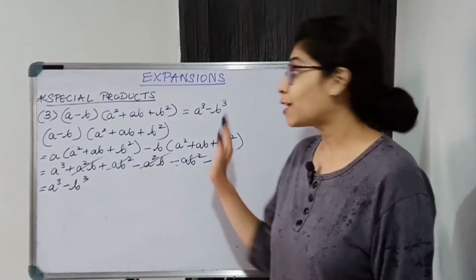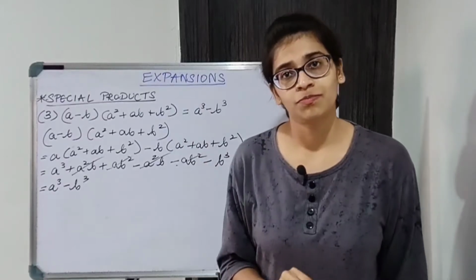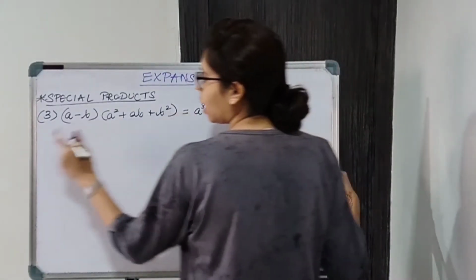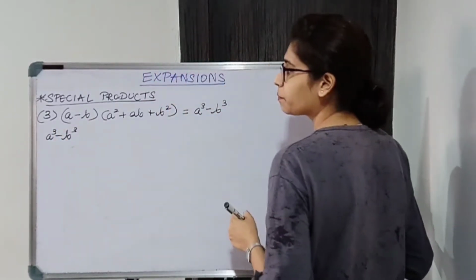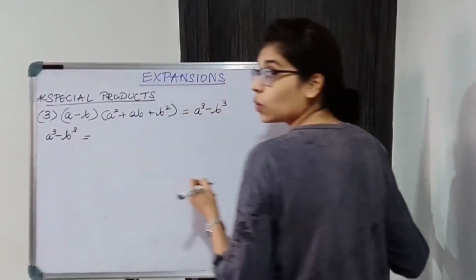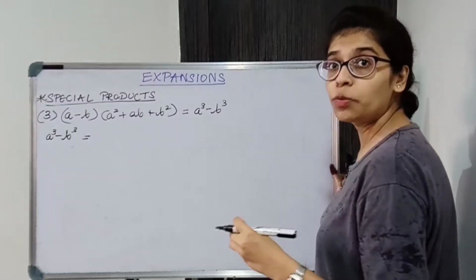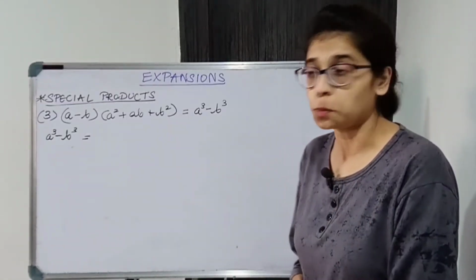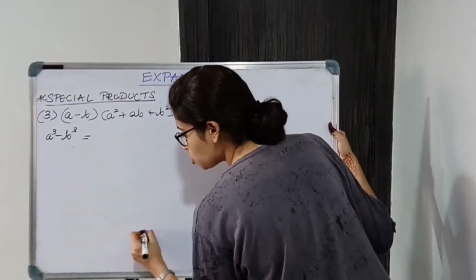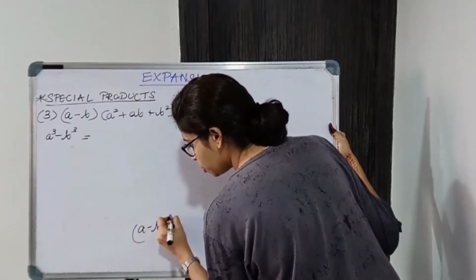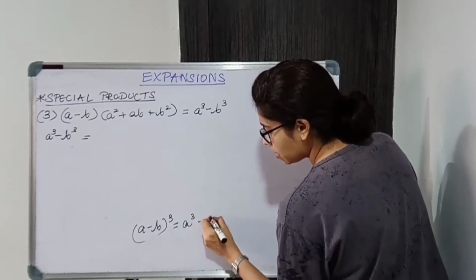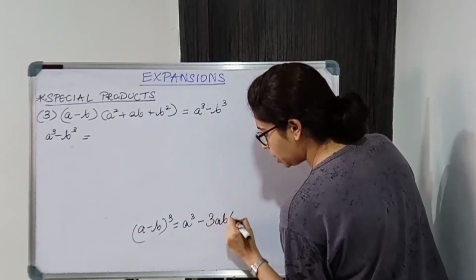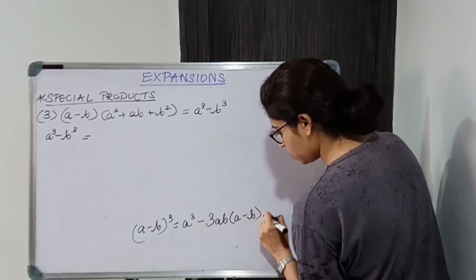Now we will derive LHS from RHS. In RHS we have a cube minus b cube. Now we'll write a cube minus b cube in terms of (a minus b) the whole cube. What is (a minus b) the whole cube, students? (a minus b) the whole cube is a cube minus b cube minus 3ab(a minus b).